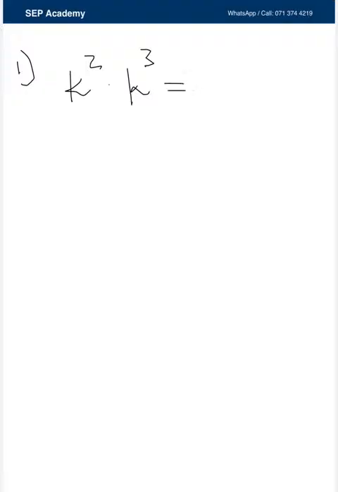What we know is that it should be equal to, you just write 1 k, and then you have 2 that you add to 3. And this will therefore be equal to k to the exponent of 5. That's how you apply the law. You don't just leave it at k to the exponent of 2 plus 3, but you need to continue to add 2 plus 3 because those you can work out.